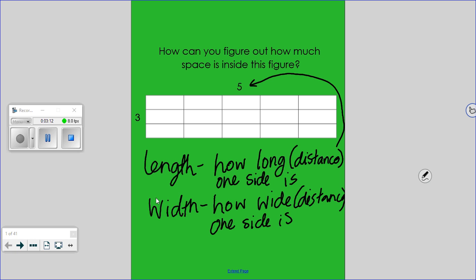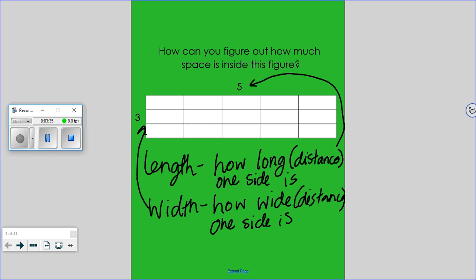Again, a lot of people think width must be the smaller side. It doesn't really matter, but if you want to think of it that way, that's fine. In the case of our shape, our width is 3. Our shape is 3 blocks wide.